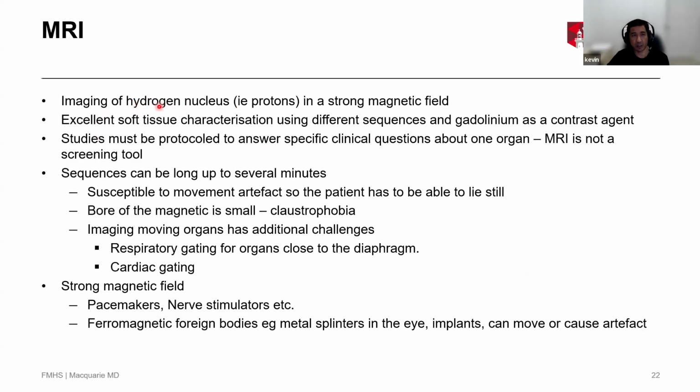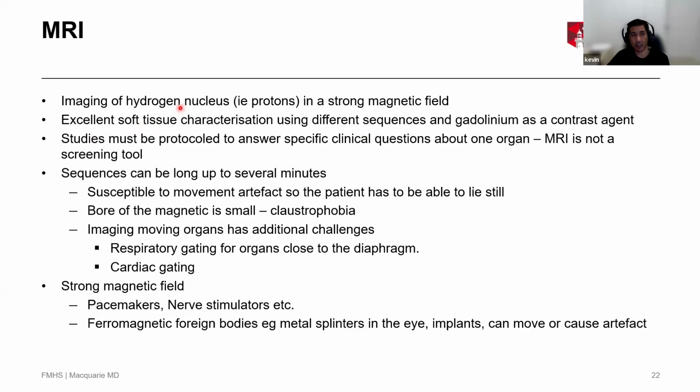So hydrogen is in pretty much every tissue. Hydrogen is in fat, is in water. When hydrogen is exposed, because all it really is is a proton, when it's exposed to a strong magnetic field, it tends to line up, okay? And we exploit that to actually produce the image. It gives excellent soft tissue characterization.